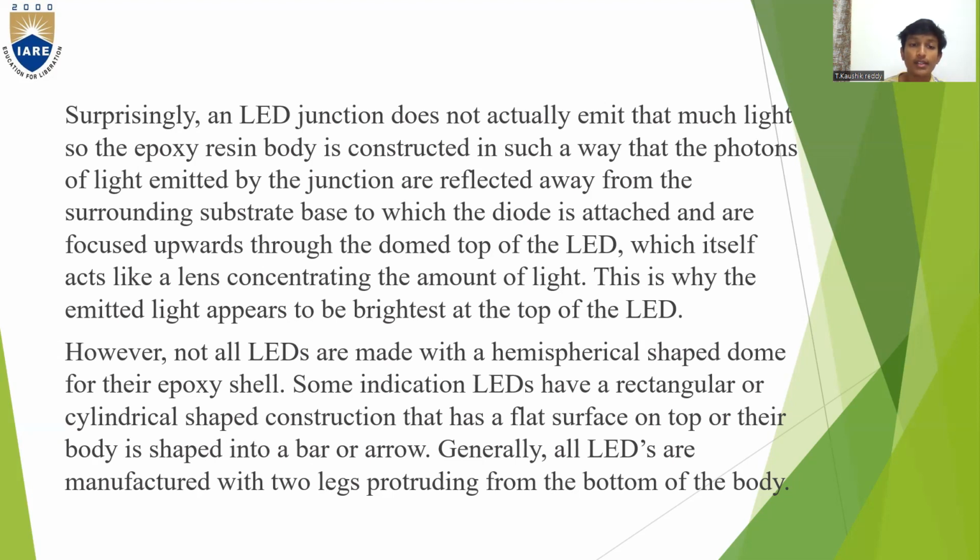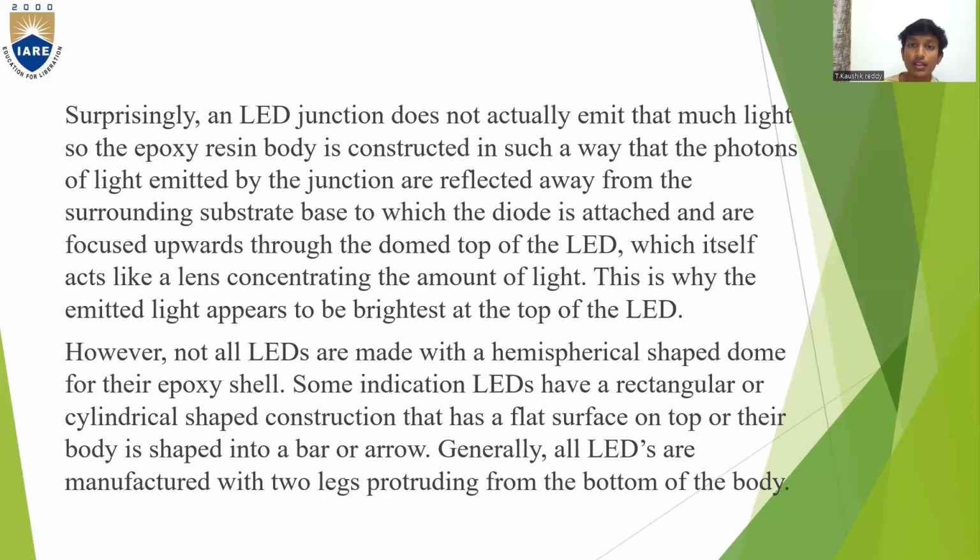However, not all LEDs are made with the hemispherical dome for their epoxy shell. Some indicator LEDs have a rectangular or cylindrical shaped construction that has a flat surface on top, or their bodies are shaped into a bar or an arrow.